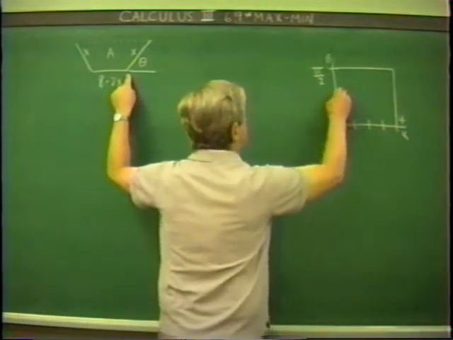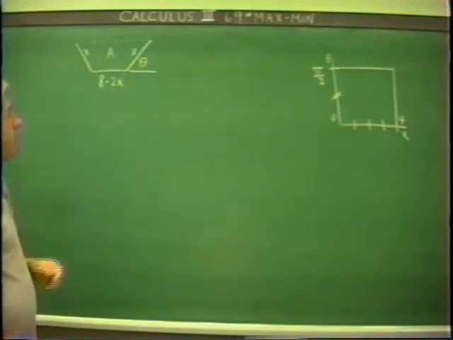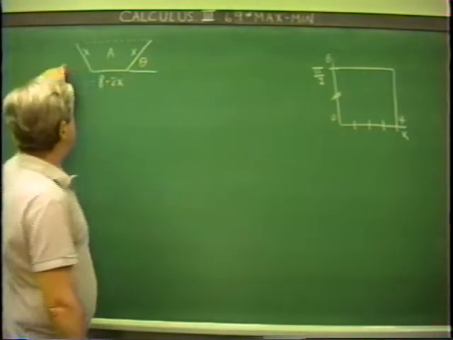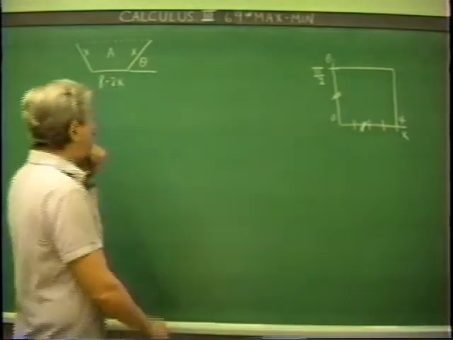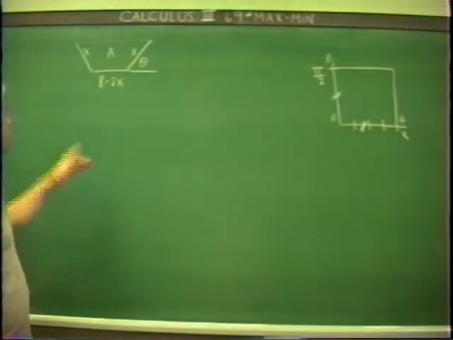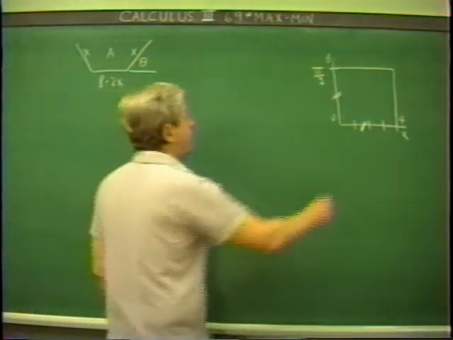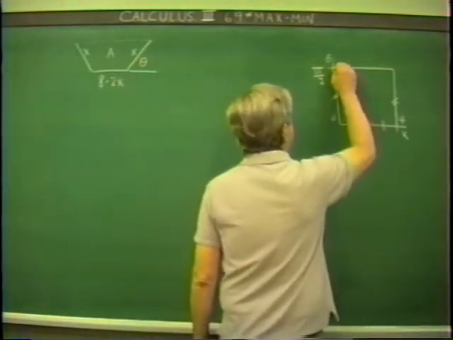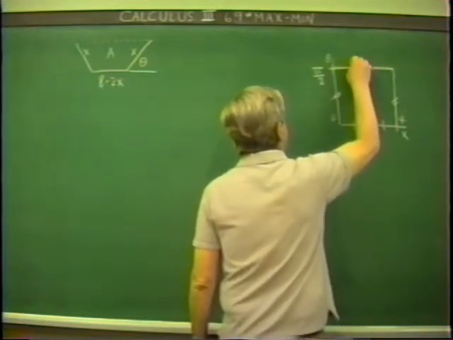Now, the maximum clearly cannot occur when x is equal to 0, so it doesn't occur on that part of the boundary. And it can't occur when theta is equal to 0. If you lay this completely flat, you get no area at all, so it can't occur on that part of the boundary. When x is equal to 4, you make a piece of sheet metal that goes straight up and down here, so it can't occur on this part of the boundary.